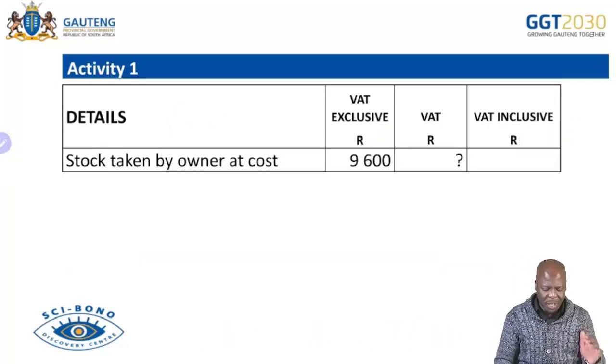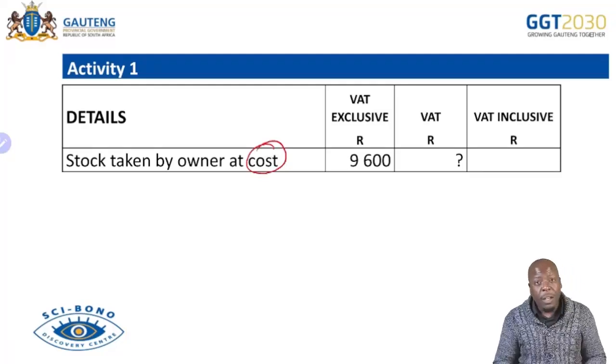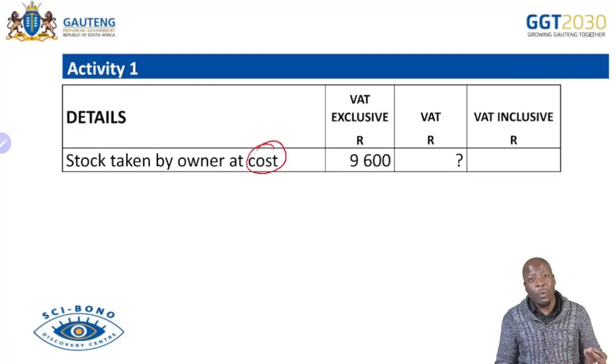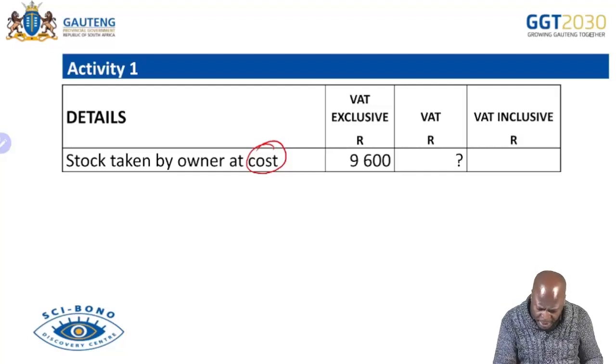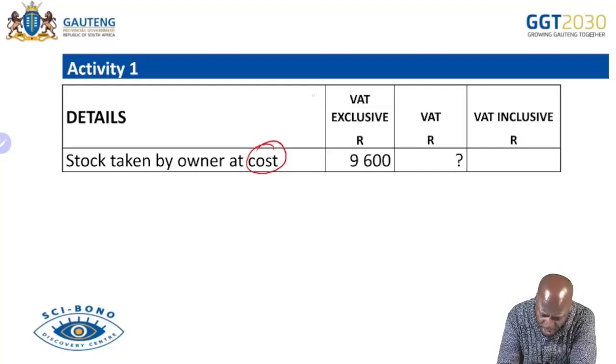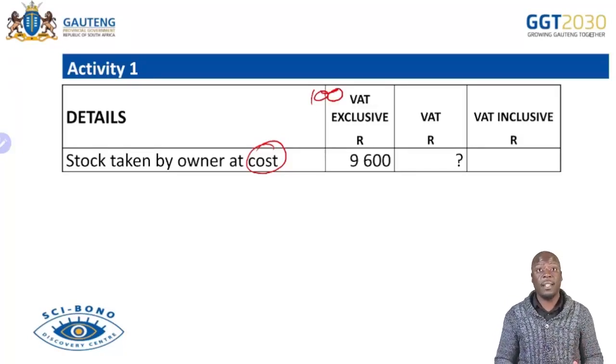Stock taken by owner at cost. Now, this one is easy because they have given stock taken by owner at cost. I want you to be aware that whenever the owner takes goods, it has to be at cost. The VAT exclusive amount is 9,600. Remember, exclusive is always 100%.